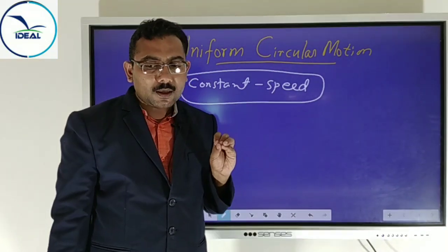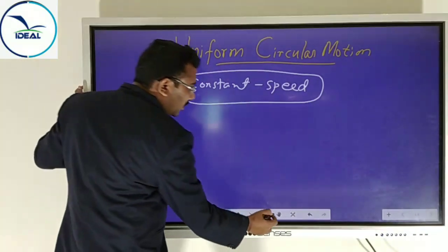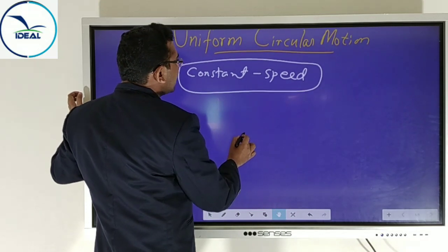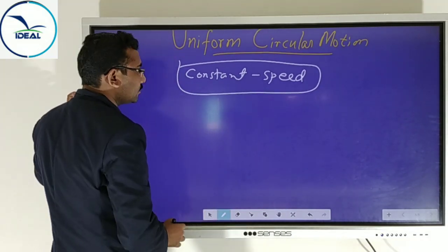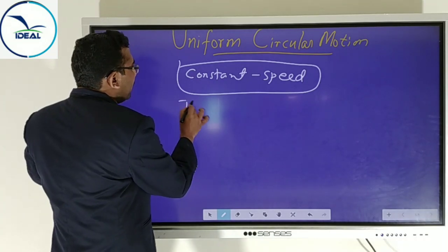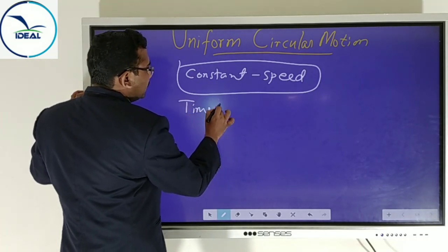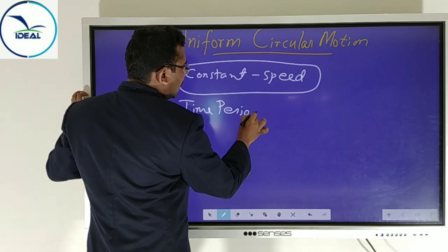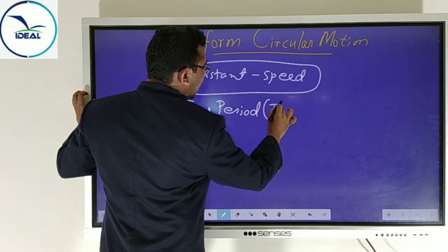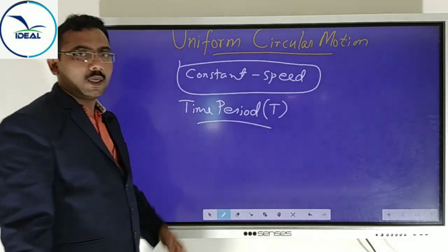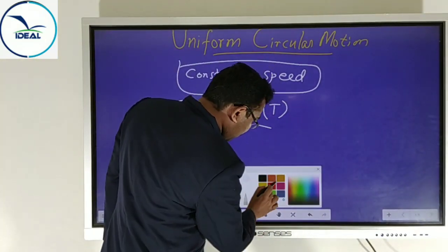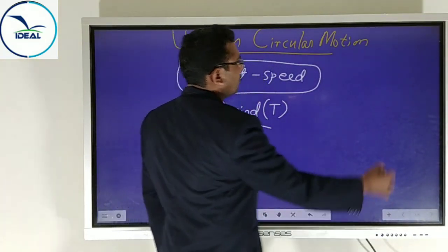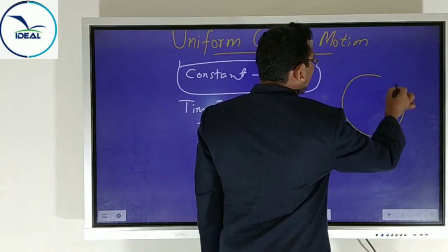Now we can check some important terms related to circular motion. First one, time period or simply period, T. Period of a circular motion. Consider circular motion.